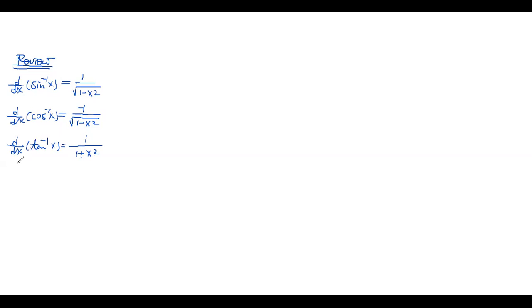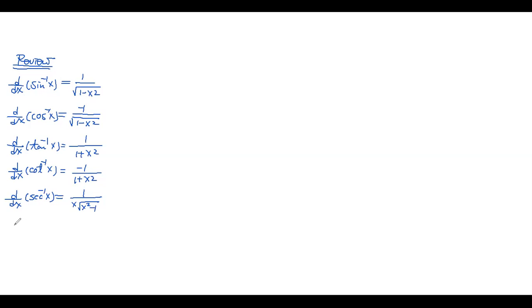Now let's do the other 3 here. The derivative of arccotangent x is negative 1 over 1 plus x squared. Then let's take a look at the derivative of arc secant x. This will be 1 over x times the square root of x squared minus 1.